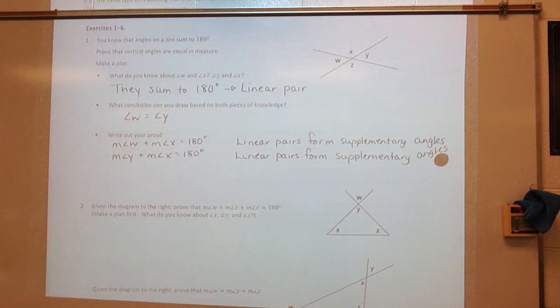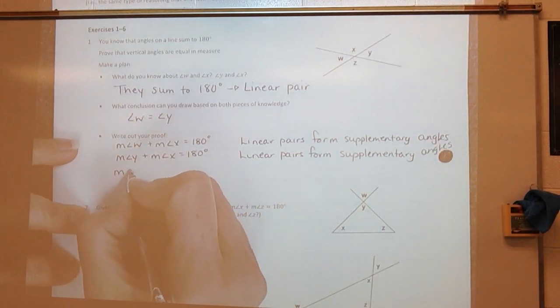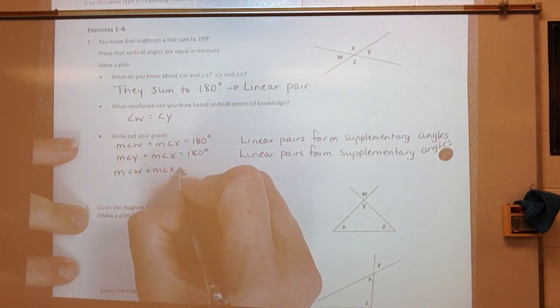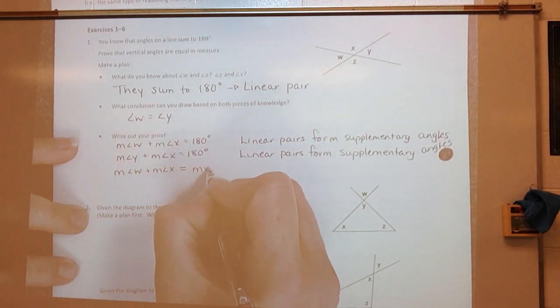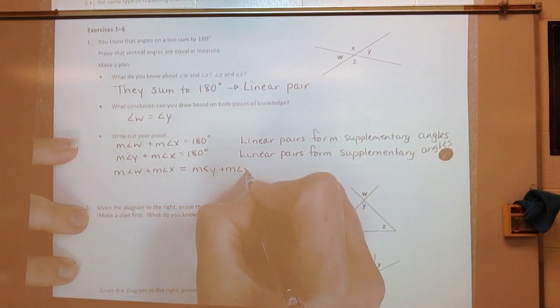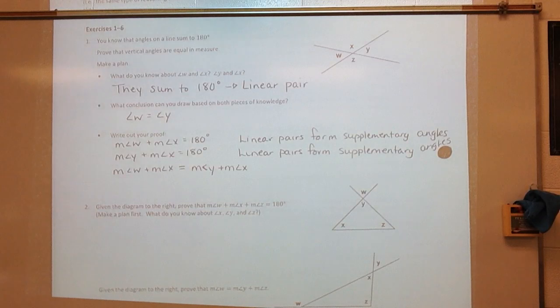Alright, so now that I know that, now I know that the measure of angle W plus the measure of angle X is equal to the measure of angle Y plus the measure of angle X. How do I know that? Because I'm simply doing the substitution property of equality.